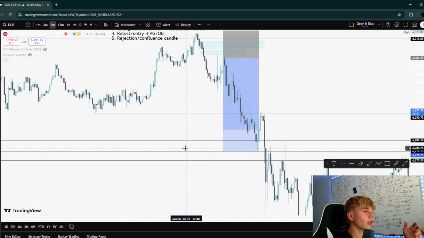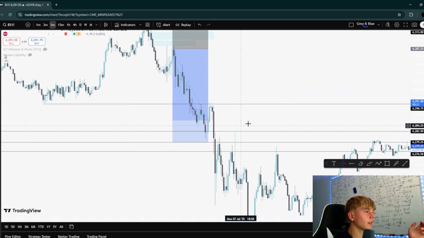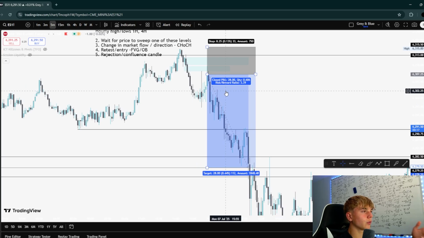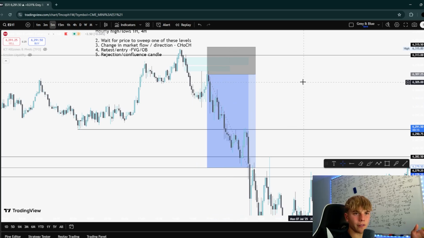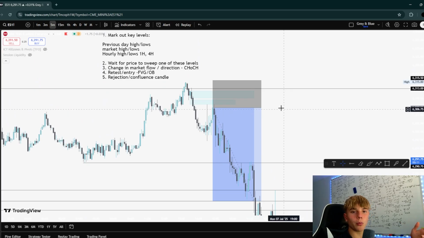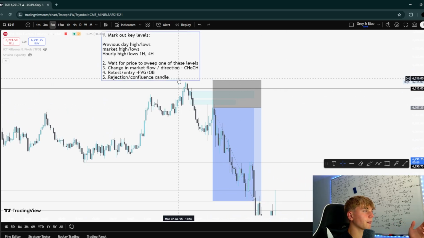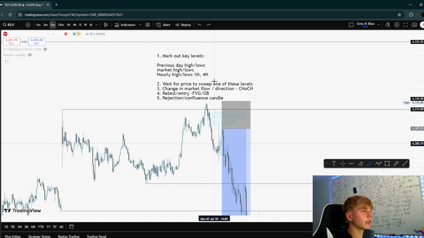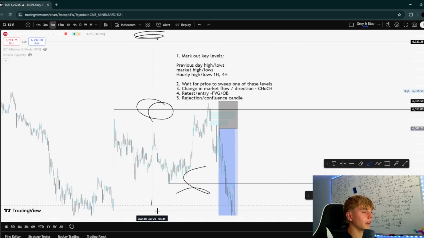But I chose this third one in the actual trade I did, and as you can see, it played out 1 to 3.4 risk to reward ratio. And this is a very clear example of a trade following this strategy. So just to recap, we marked out our previous day highs and lows using these black bars here, here, here, and here.